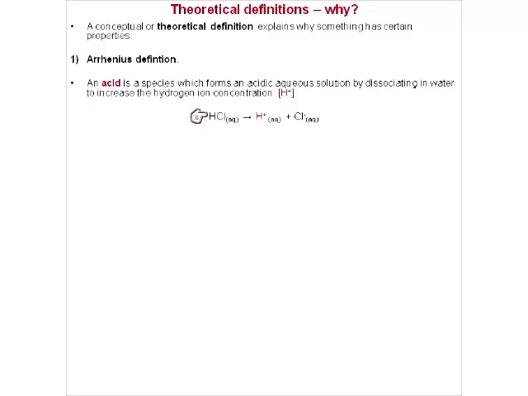And he said that these guys would break down, they would dissociate in water to produce a hydrogen ion and the associated anion that would come along with the hydrogen. So in this case we get hydrogen and chloride. And it would be the separation of the hydrogen chloride that Arrhenius says was responsible for making this behave as an acid, because it was this free hydrogen that was giving it its acid properties.